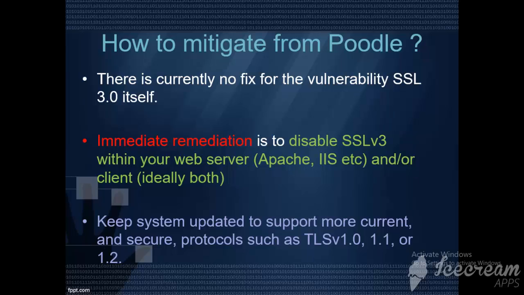If for any reason SSL v3 still needs to be used, you might disable all block cipher suites. However, the only stream cipher available in SSL v3 is RC4, which is also broken.